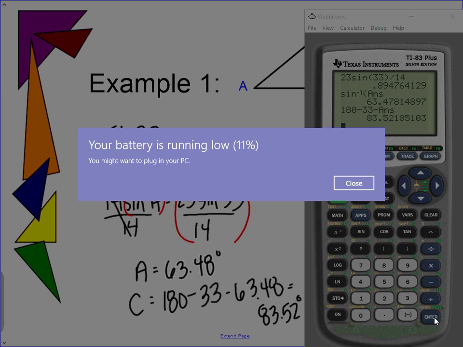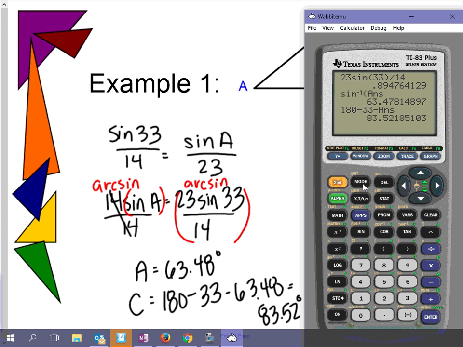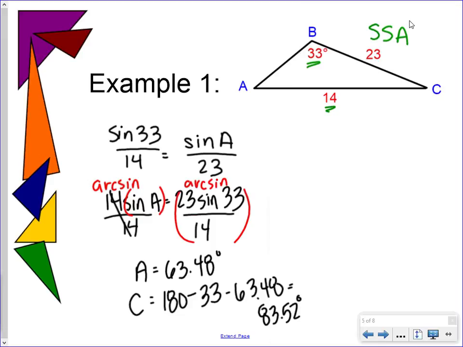Okay. So now I have angle A and angle C. I just need to find side C, right? So I'm going back to my picture. To find side C, I'd use angle C, which is 83.52, and then I would go back to that ratio I stole from Carrie's work, sine 33 over 14.